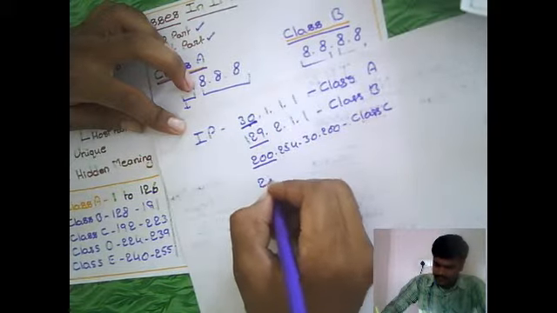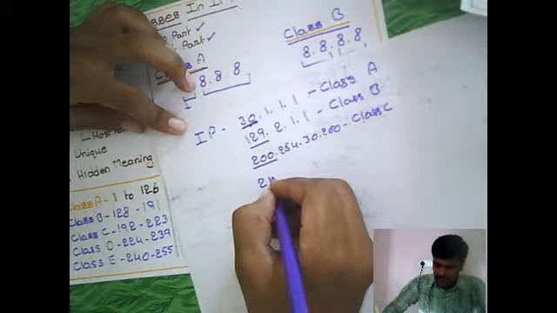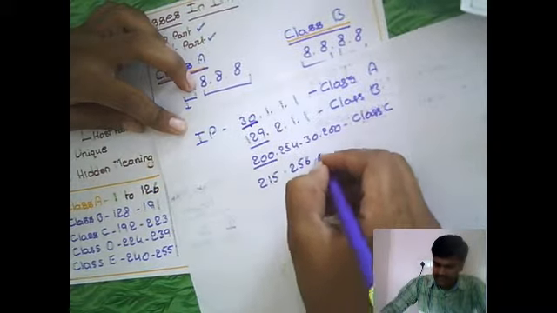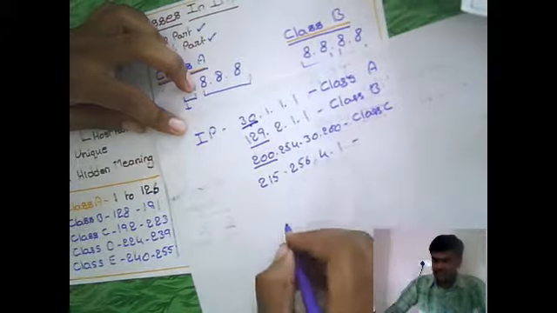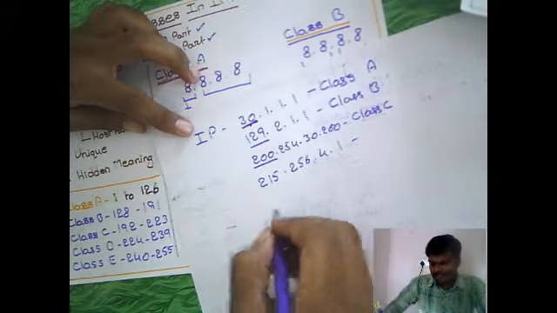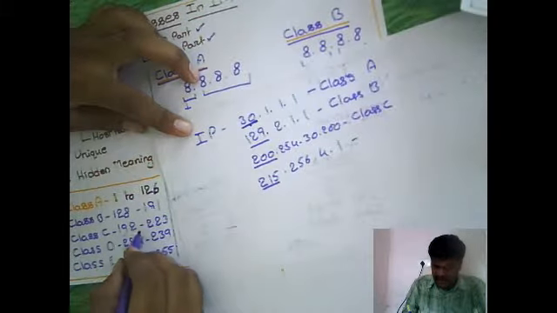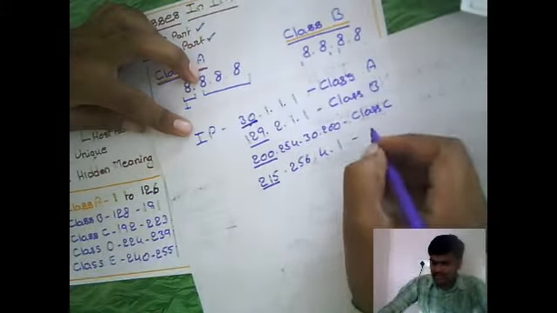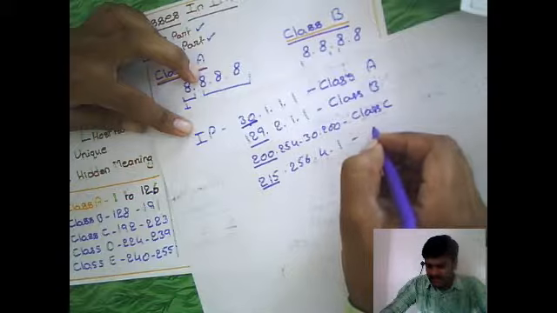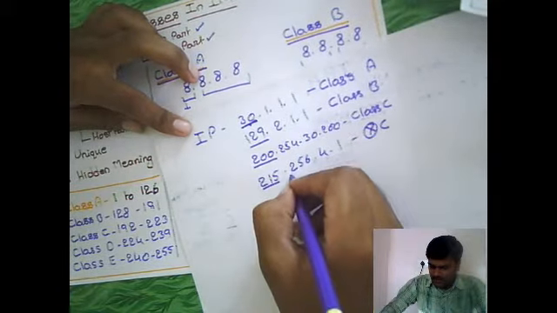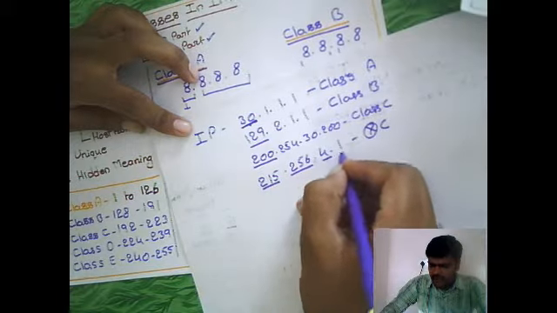Assume 256.4.1.1. Which class does this belong to? The first octet, 256, would seem to fall near the class C range, but it is not class C because it should not exceed 255.